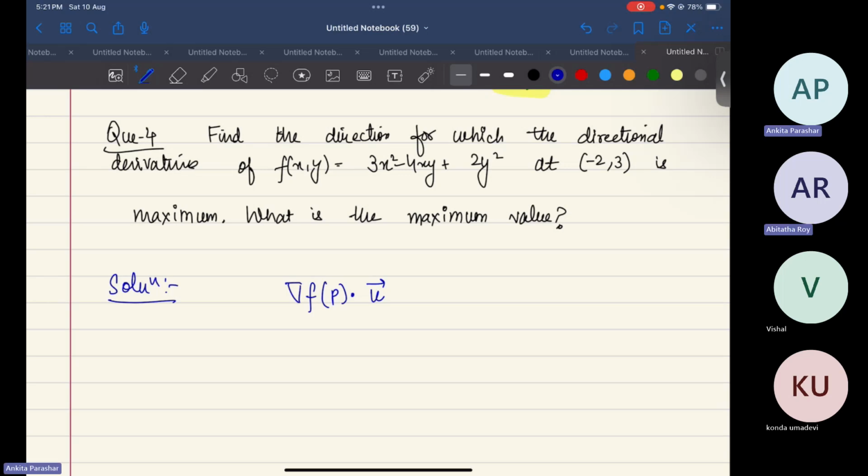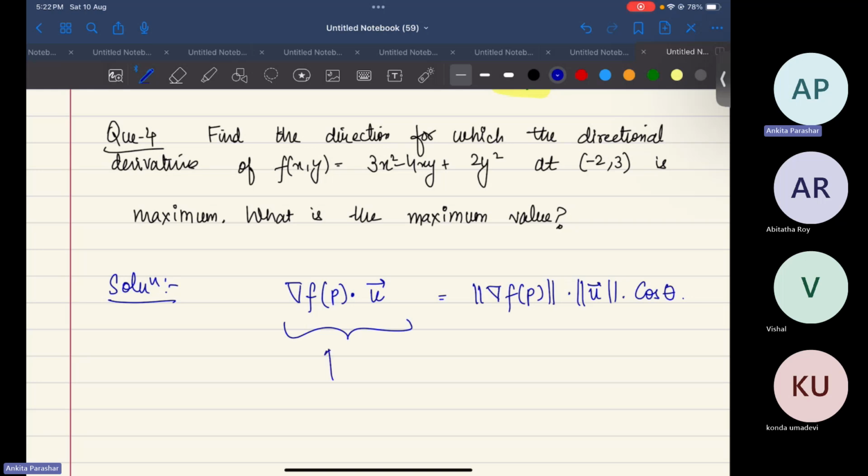For the dot product, there's the involvement of cos theta. So based on the angle, we can find the maximum and the minimum value for a particular direction, or in which direction it will be maximum, in which it will be minimum. True. So therefore the maximum value is going to be attained.